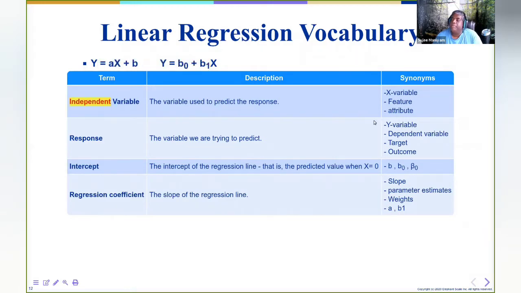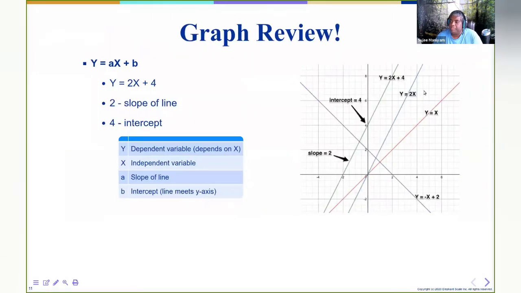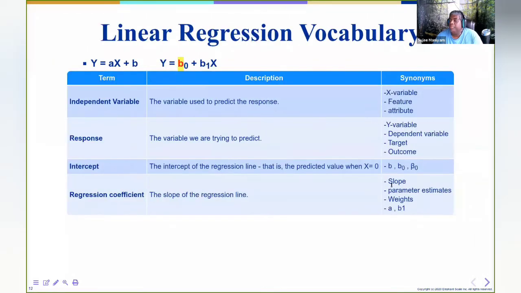It's also called a feature or attribute. The response y is called the y variable, target, or outcome, meaning that's the result we are trying to calculate. Beta 0 is called the intercept, where the line crosses the y-axis, and the other one is called the slope, or weights. This slide just gives you various vocabulary you will see with regressions.